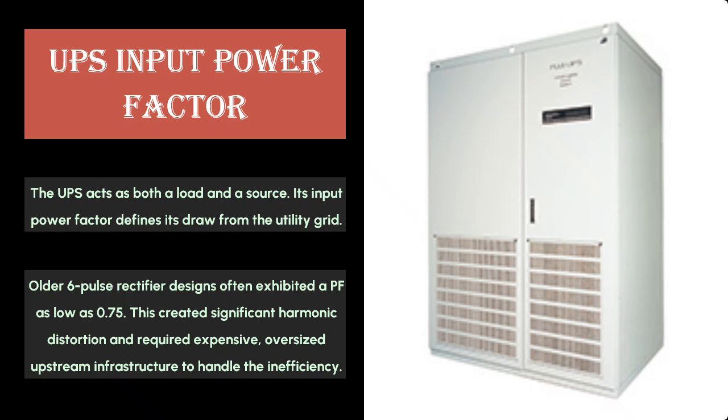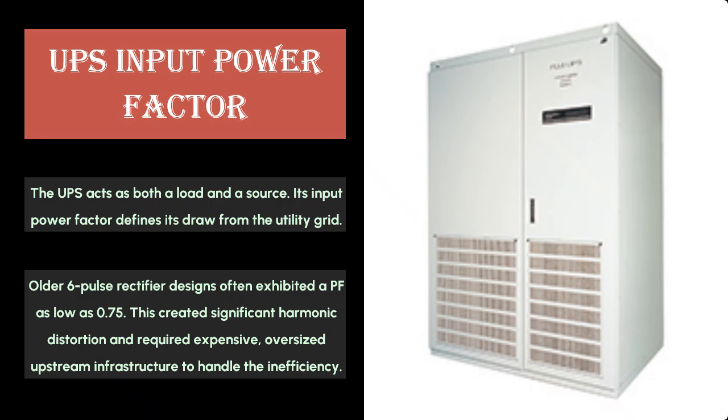Historically, older UPS systems, specifically those using 6-pulse silicon-controlled rectifier, or SCR, designs, exhibited a poor input PF, sometimes as low as 0.75. This poor performance created considerable upstream issues, including high harmonic distortion and the necessity to dramatically oversize infrastructure like generators and feeder cables to compensate for the inefficiency.